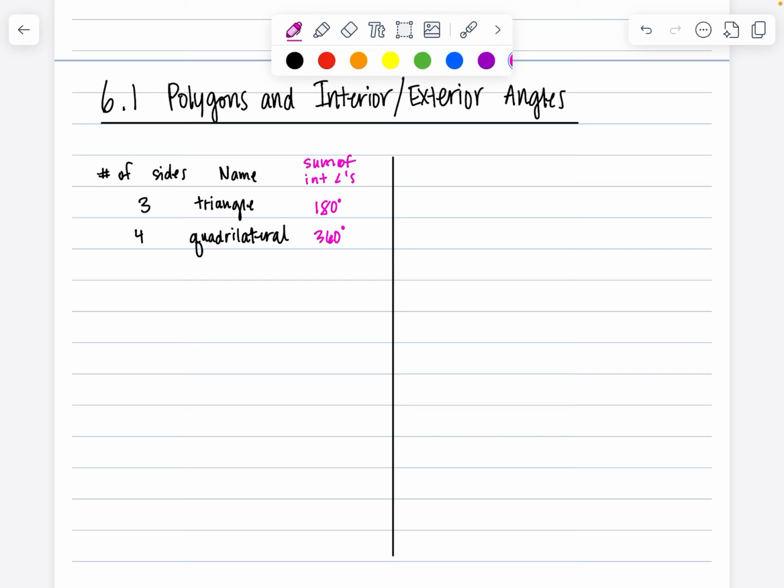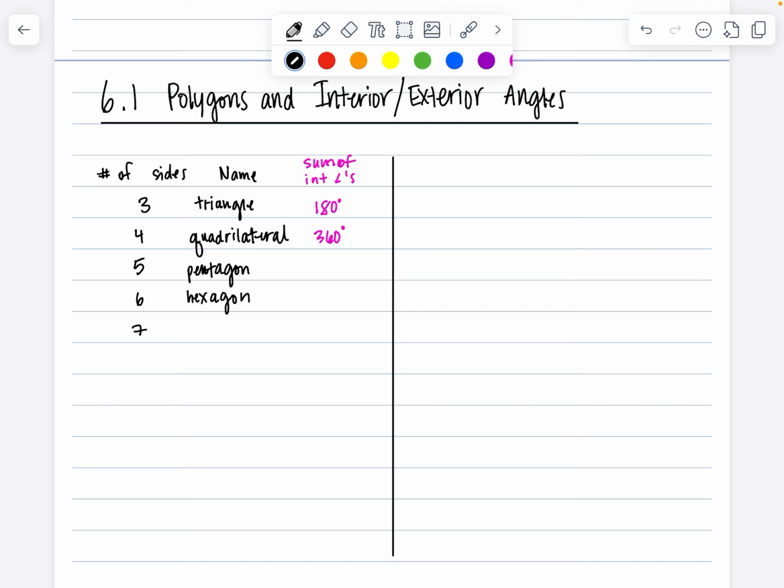Keep moving. We have a five-sided shape. A five-sided shape is called a pentagon, penta meaning five. And here is the appearance of that gon name, just like any polygon. A six-sided shape would be called a hexagon, hexa meaning six.